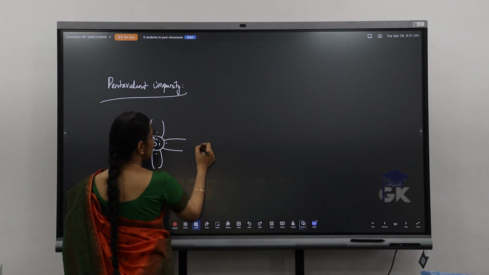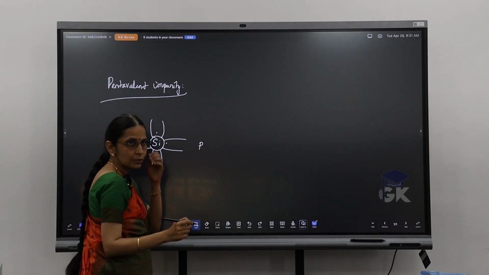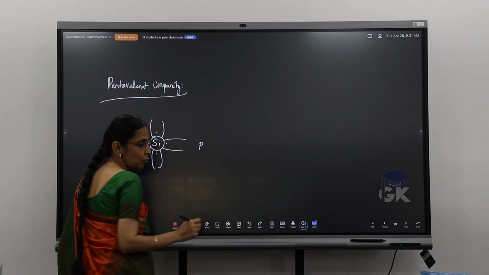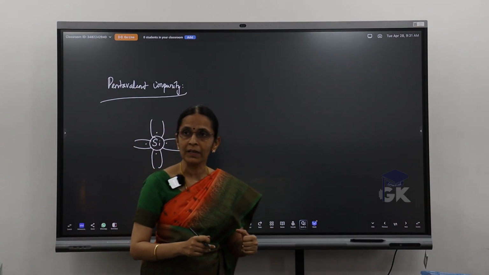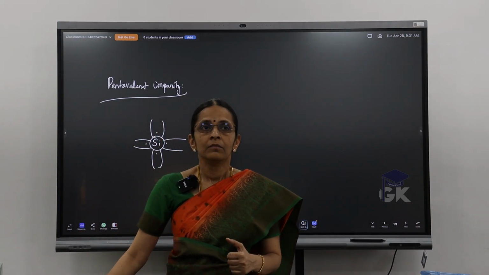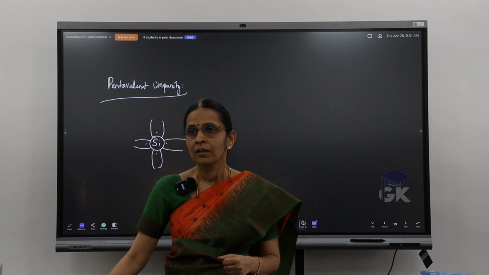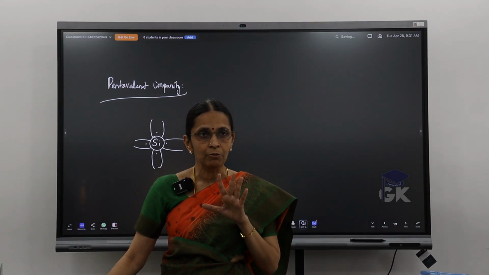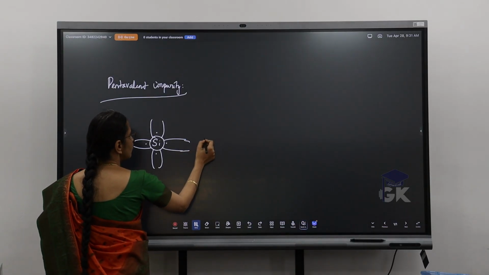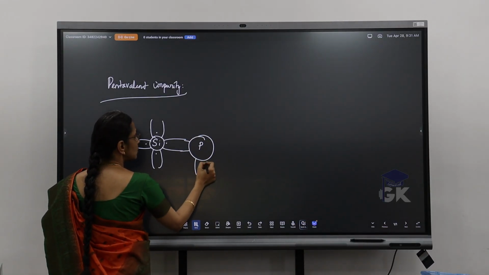To this, say I am going to add phosphorus as an impurity. Phosphorus, we say it's pentavalent. Pentavalent means how many valence electrons will be available for it? Penta means 5. So phosphorus will have 5 valence electrons.